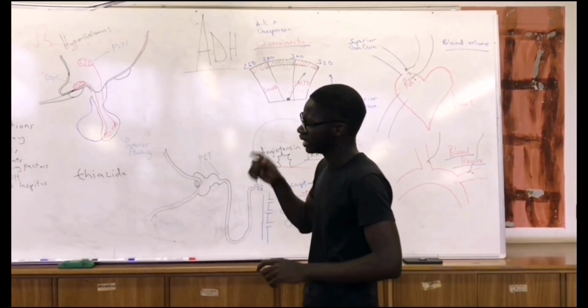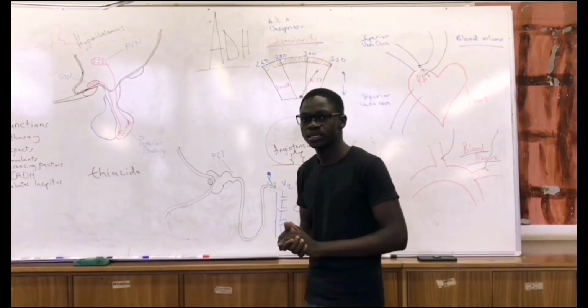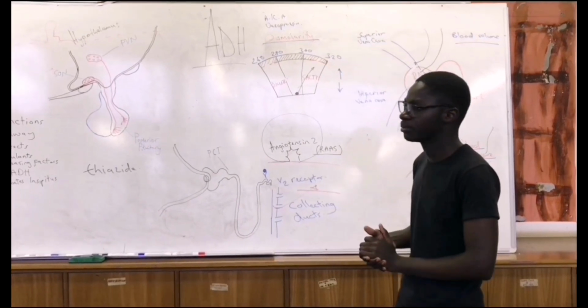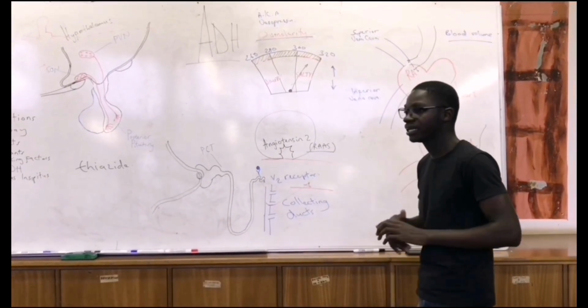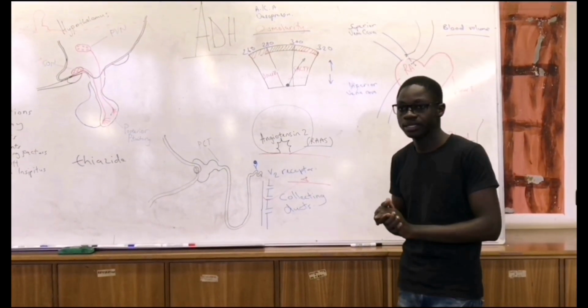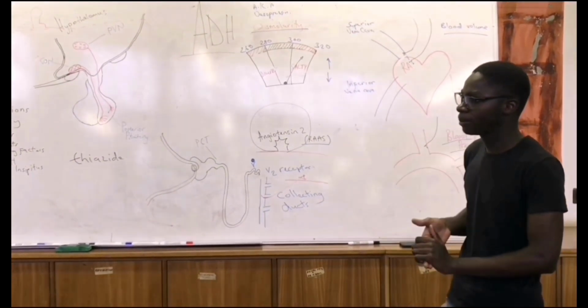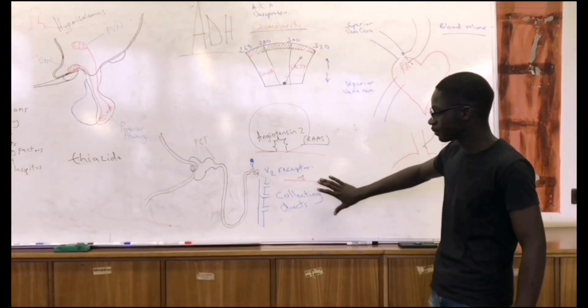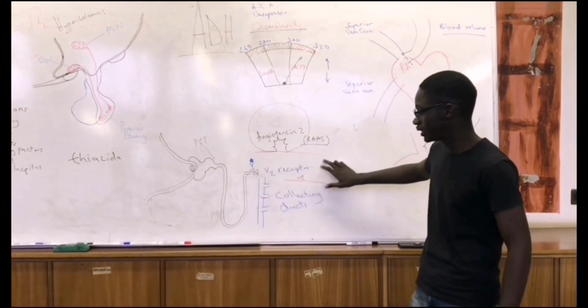We also see that it works via certain pathways. The first pathway is the cyclic AMP pathway, which is a Gs-stimulated pathway. It works via this pathway in the kidneys, via the V2 receptor.